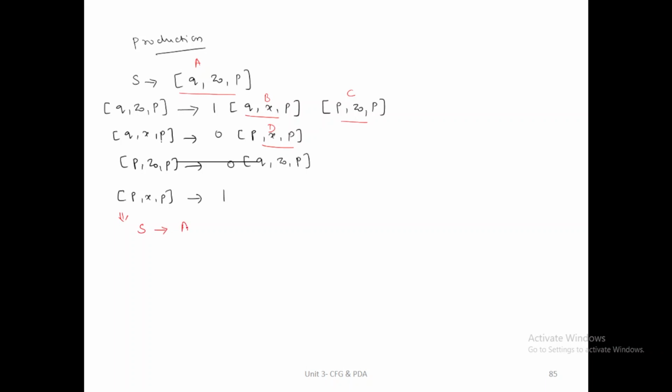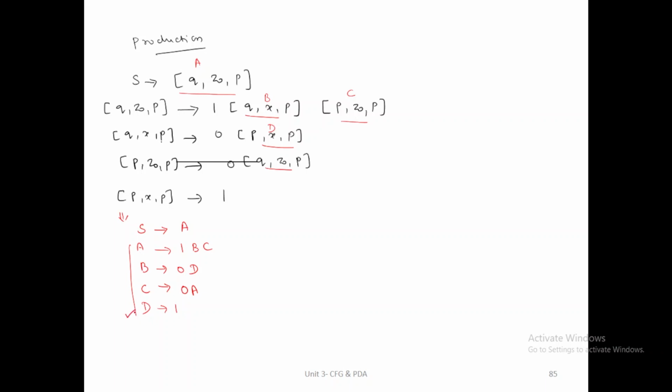So S implies A. A implies 1BC. B implies 0D. And then [P,0,P] is C. C implies 0, followed by A. And the PXP value is D. D implies 1. So in total 4 new variables are available, but those 4 variables should produce an input string.